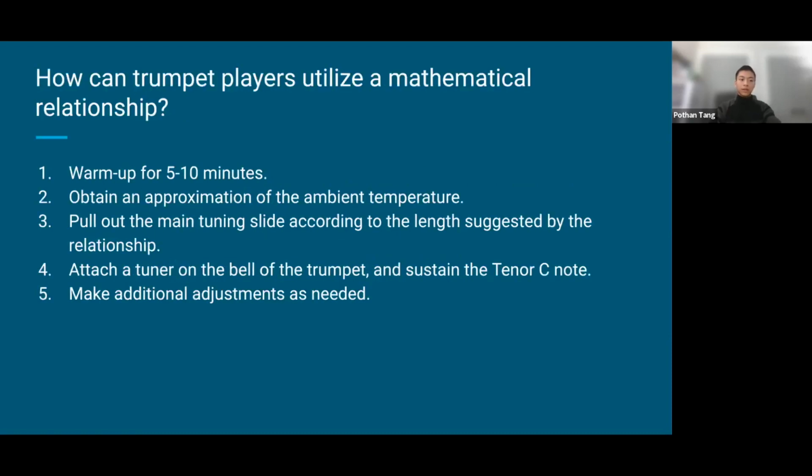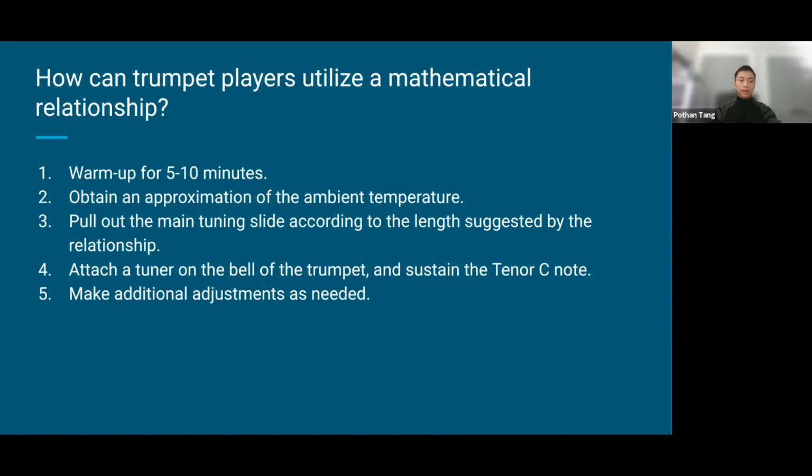So how can trumpet players utilize a mathematical relationship like the one shown previously? First, they can warm up for 5 to 10 minutes to establish a steady temperature inside their trumpets. Secondly, they can obtain an approximation of the ambient temperature. Thirdly, they can pull out the main tuning slide according to the length suggested by the relationship.